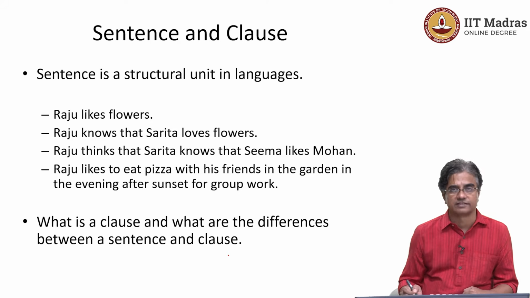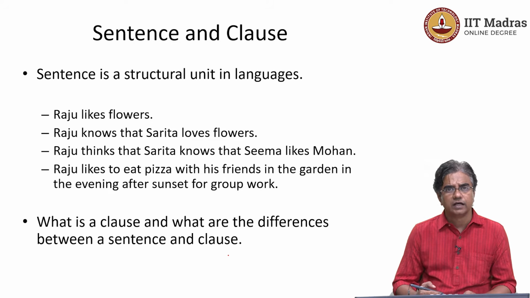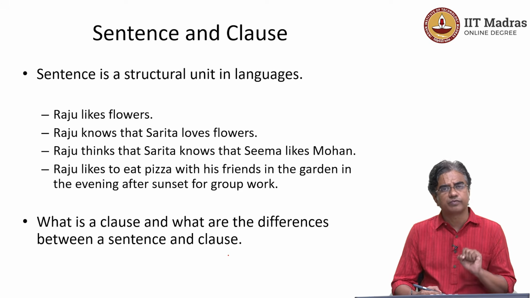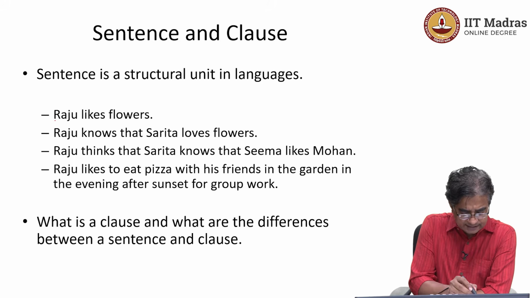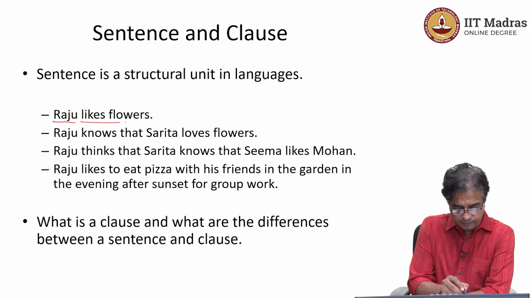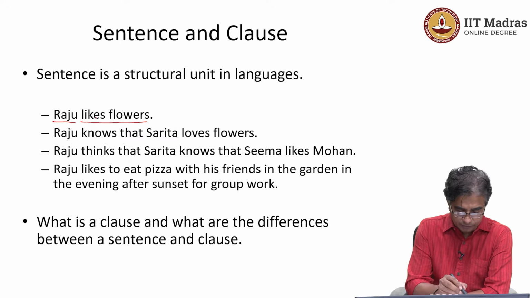So look at a sentence. Raju likes flowers. It's a sentence. How do we assure that it's a sentence? Very simple application of fundamental rules of a sentence. It has a subject, Raju, and it has a predicate, likes flowers.